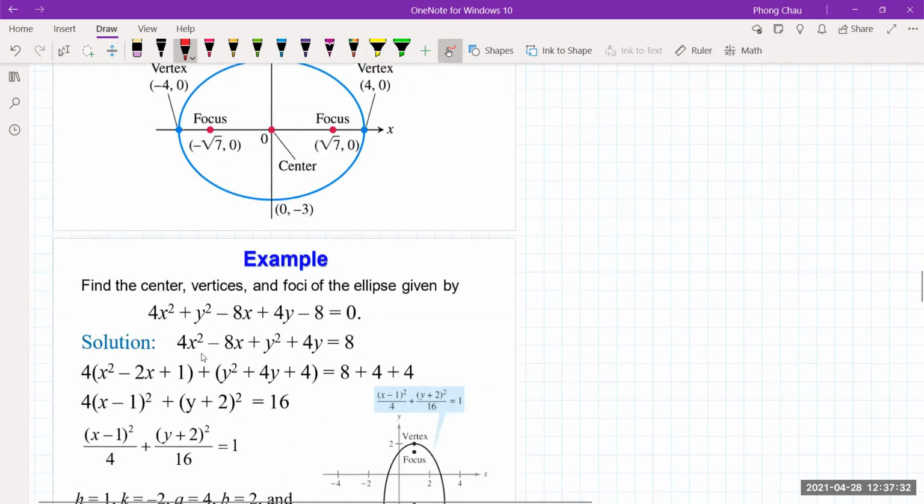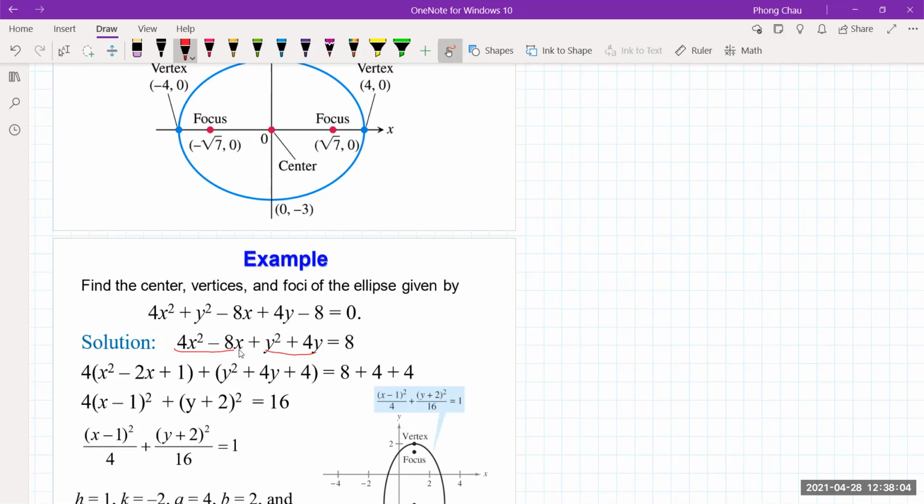We put 4x squared and then minus 8x together, so I group them. The y squared plus 4y, so I group them, so it's over here. The negative 8 moves to the other side to make it positive 8.